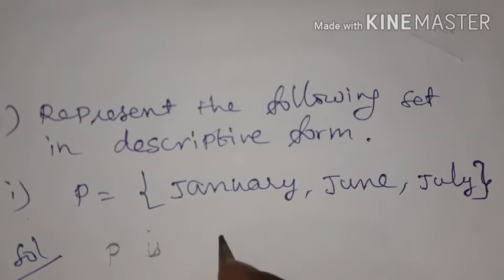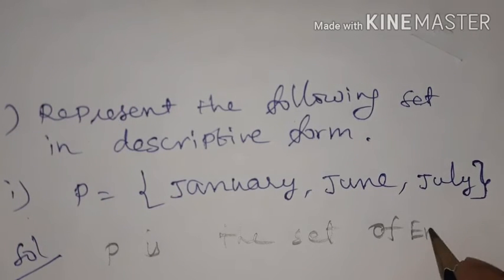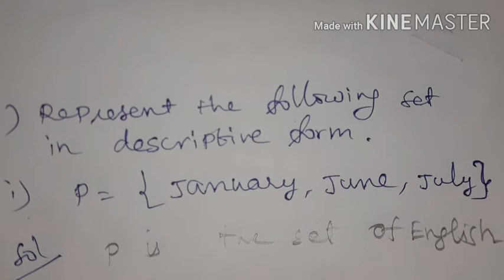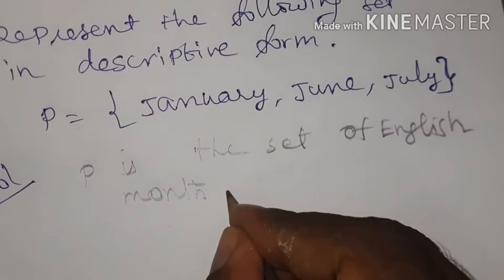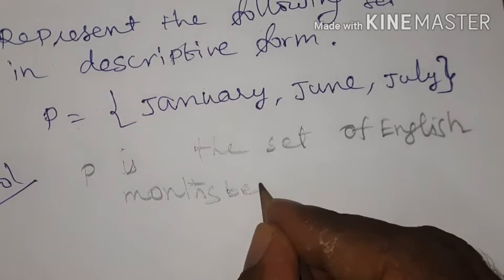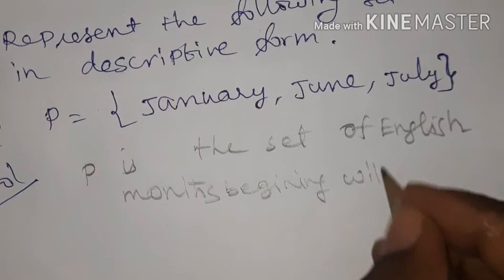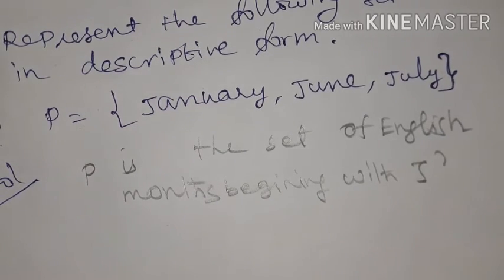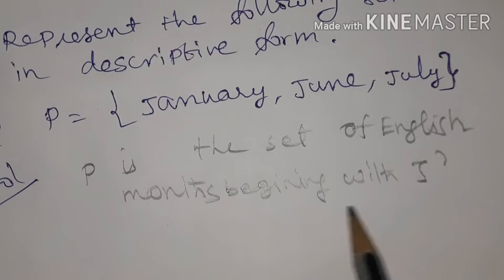B is the set of English months beginning with J.